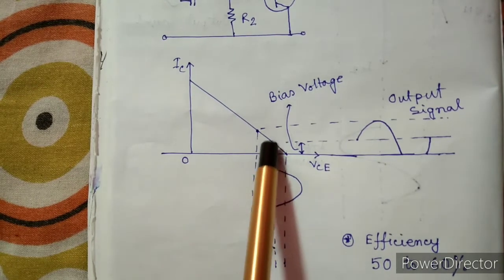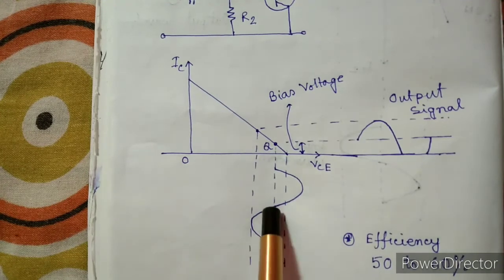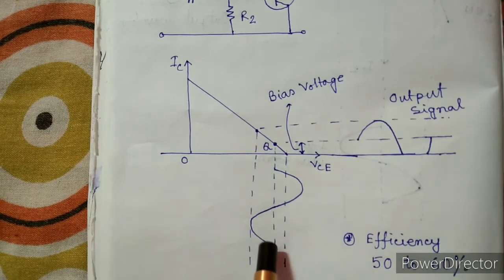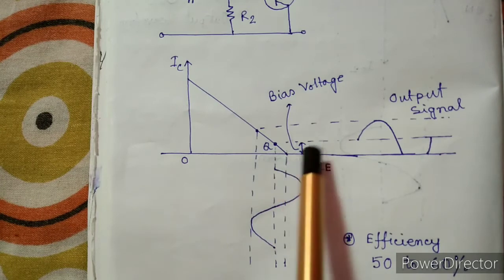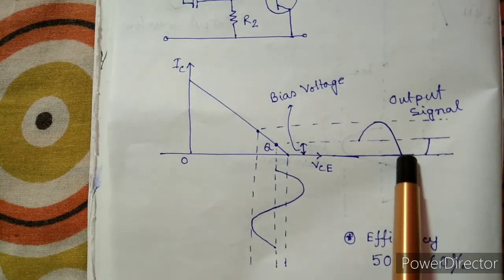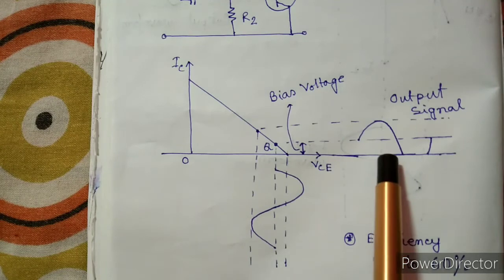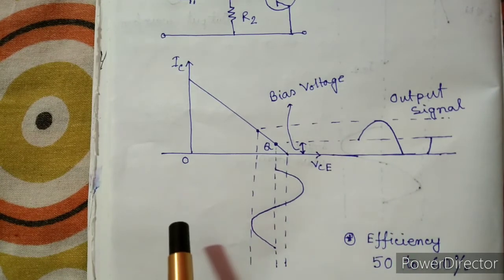The Q point is chosen here. So, depending on the input, the collector current will vary, and the conduction is greater than 180 degrees. So, no crossover distortion problem will happen in a class AB amplifier.